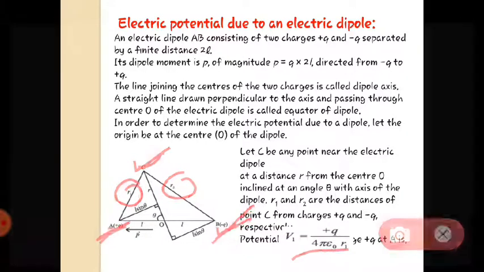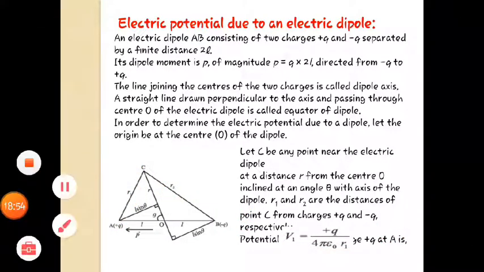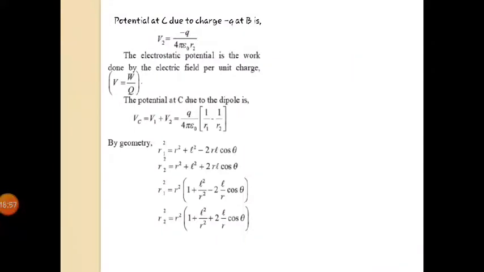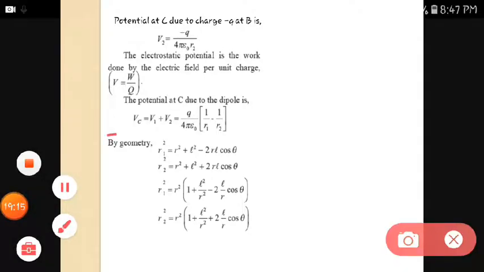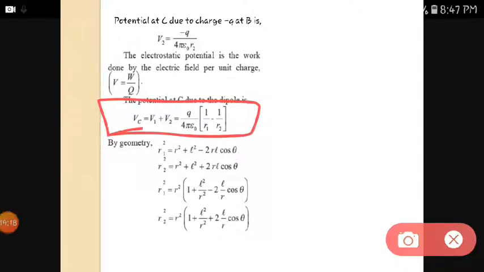So V2 is minus Q by 4 pi epsilon 0 R2. Now in total it will be V1 plus V2, obviously. So here you get another equation, one with plus and one with minus. I am repeating again and again so that you will get the exact idea. So this is the equation you got.